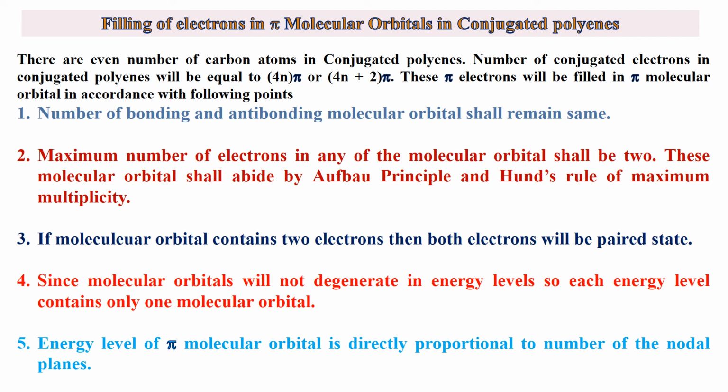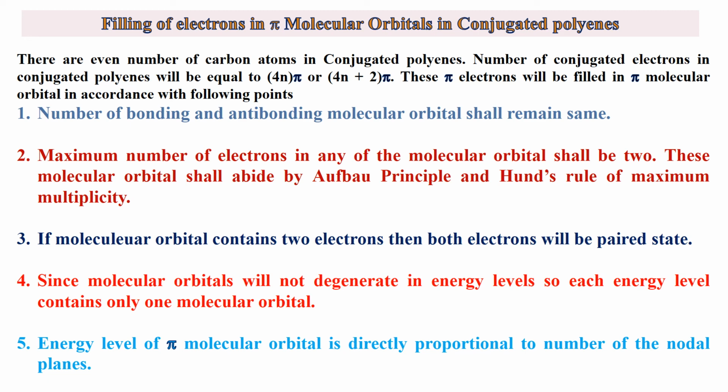Maximum 2 electrons can be accommodated in a orbital, which we can say the filling will follow or abide by the Aufbau principle and Hund's rule of maximum multiplicity. If molecular orbital contains 2 electrons, then both electrons will be in a paired state.